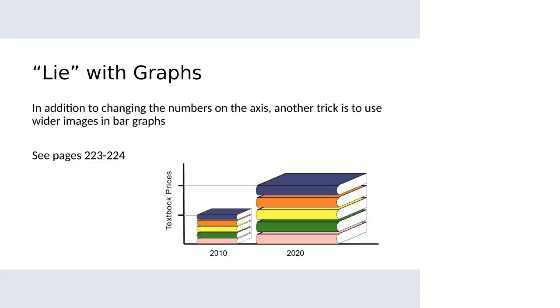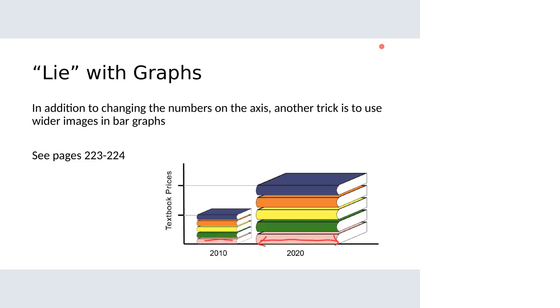Another misleading trick you can do with graphing is in a bar graph, instead of changing anything on the axis, the axis is still the same. But if we said these are textbook prices in 2010 and 2020, and it's true that if you look at the heights of the bars, there is an increase. But what's been done here by the person making this graph is look how much wider the 2020 bar is compared to the 2010.